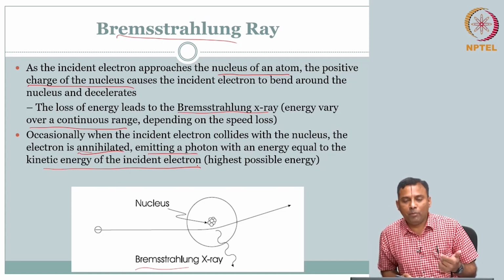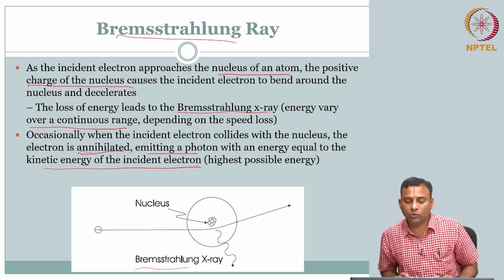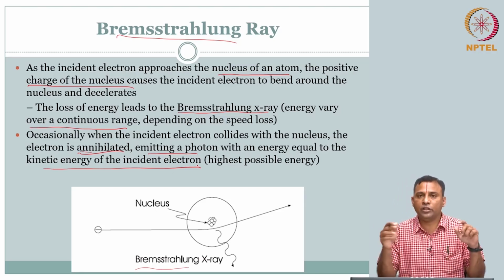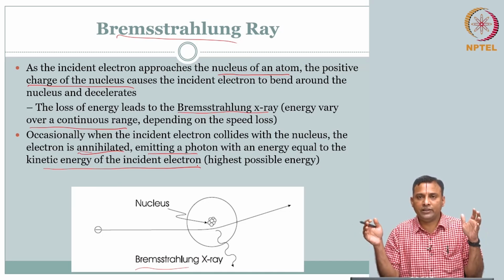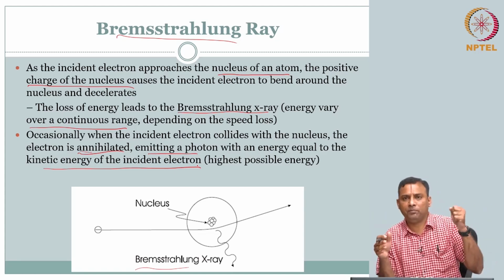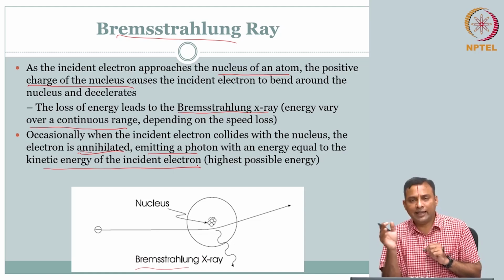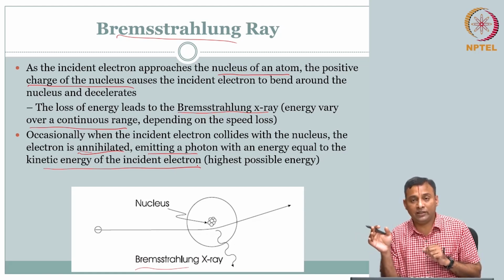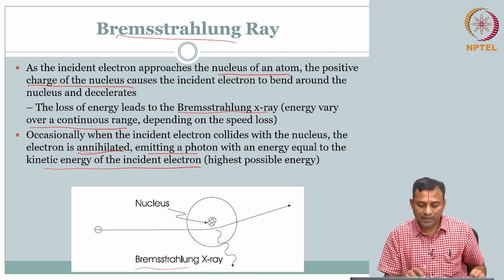So, probability-wise this is less; only occasionally it can hit. Mostly it is going to be a continuous wave, a continuous scale of energies, and the energies should be less than what it came with. Only occasionally, when this is completely annihilated, the X-ray that comes out will be of the energy that this particle carried, the highest possible energy.